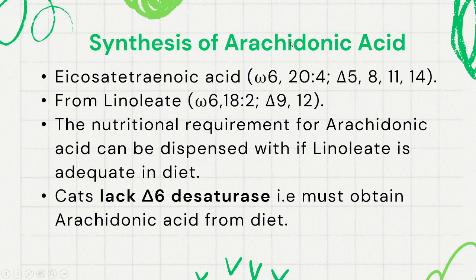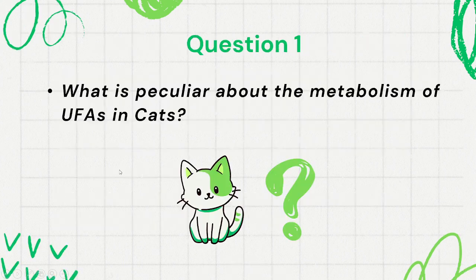Cats cannot synthesize arachidonic acid because they lack the delta 6 desaturase, so they must take arachidonic acid in their diet. For animals that have the enzyme delta 6 desaturase, arachidonic acid can be dispensed with if linoleic acid is present, because the body can use linoleic acid to synthesize arachidonic acid.